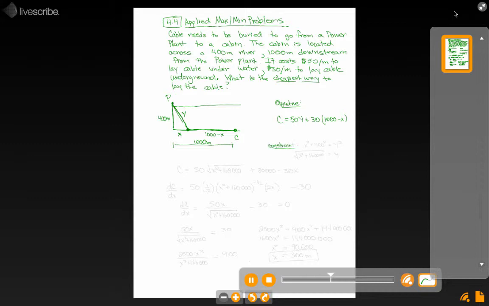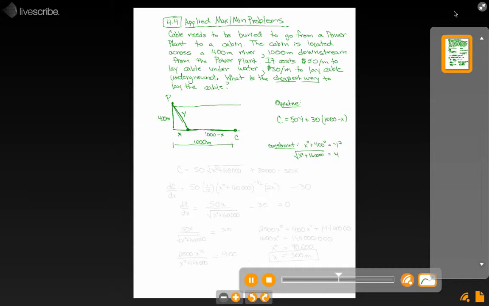Our constraint consists of the fact that this is a right angle triangle that relates x and y. I can say, well, x squared plus 400 squared equals y squared. So y just equals the square root of x squared plus 400 squared, 160,000.